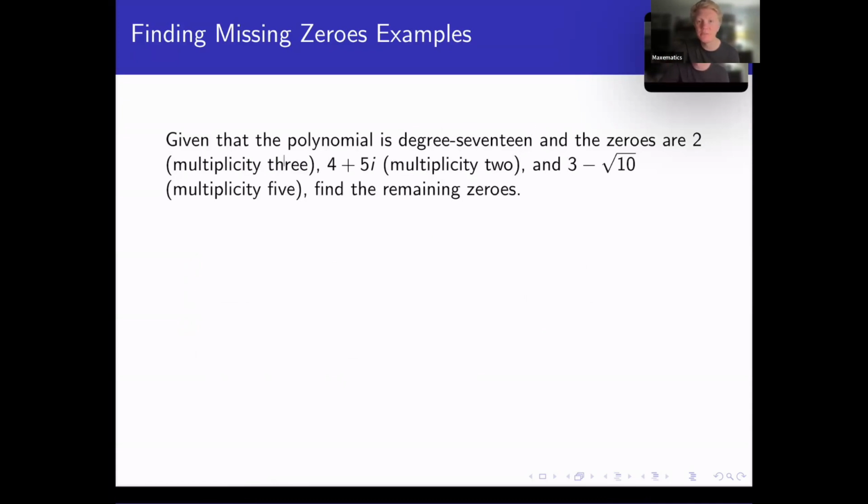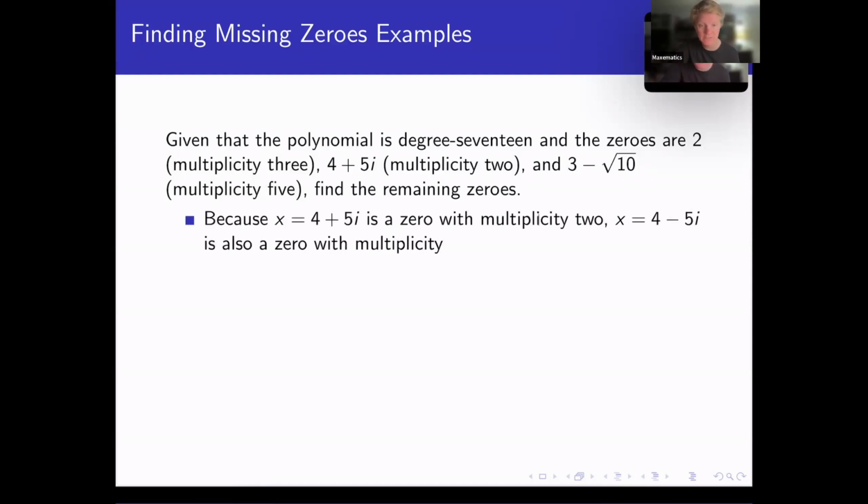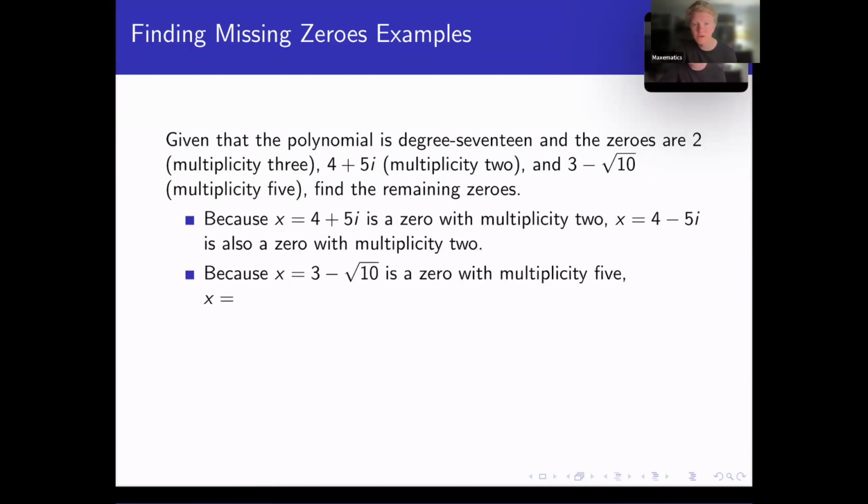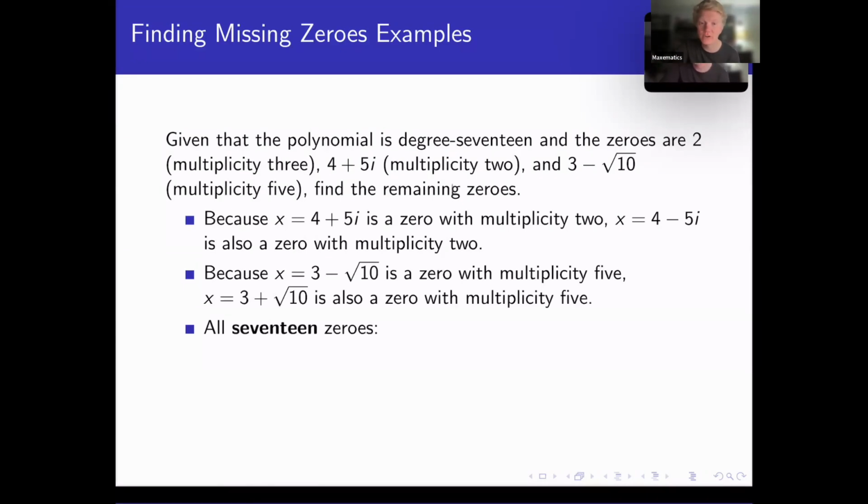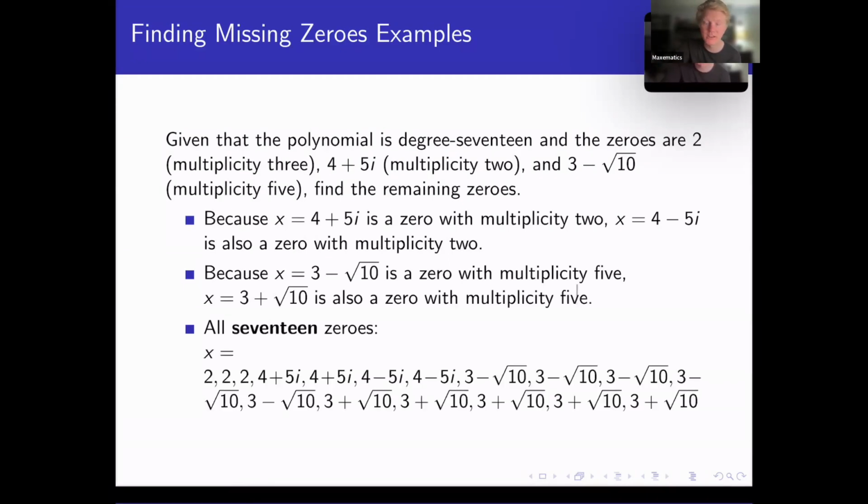Well, I gave you 3 plus 2 is 5, 5 plus 5 is 10, so including multiplicities, 10 zeros, but we're degree 17, so we're missing 7. 4 plus 5i is a 0 with multiplicity 2, so 4 minus 5i is a 0 with multiplicity also 2. 3 minus square root of 10 is a 0 with multiplicity 5, so then x equals 3 plus square root of 10 is also a 0 with multiplicity 5. So then we had 10 zeros to start, and we found 2 and 5 more, including multiplicities. How lovely, how nice.